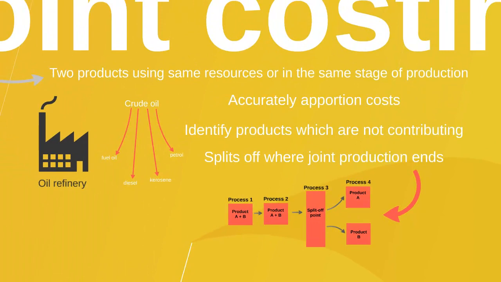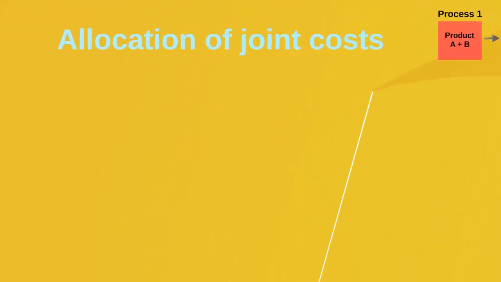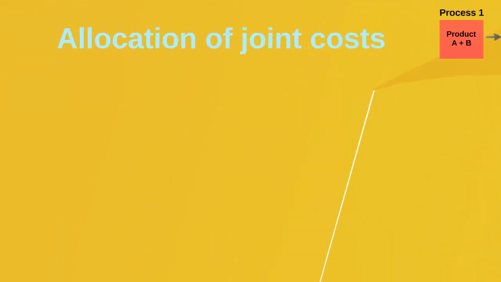So, relating it back to our example of crude oil now, we need to allocate our joint costs. And there are different ways in which this can be done. This can be done via the relative sales value, which essentially means you charge costs based on how much you can sell things for.